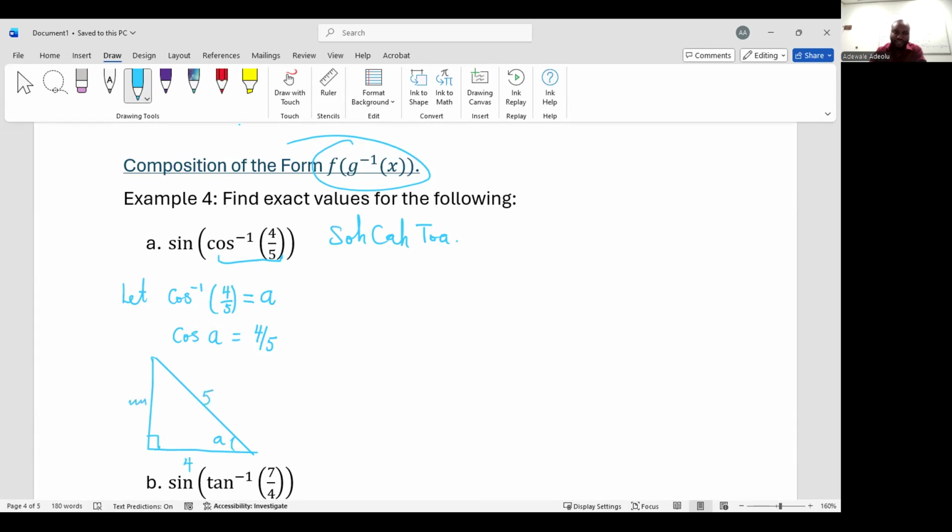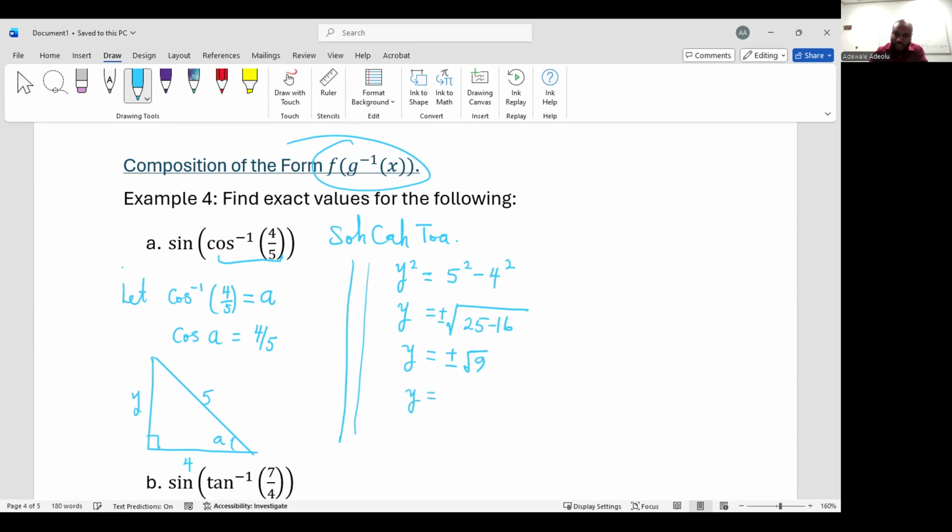Then I can find this side, which I will need. Let me call it y. From Pythagoras theorem, y squared equals 5 squared minus 4 squared, meaning y equals plus or minus square root of 25 minus 16, which is plus or minus square root of 9.